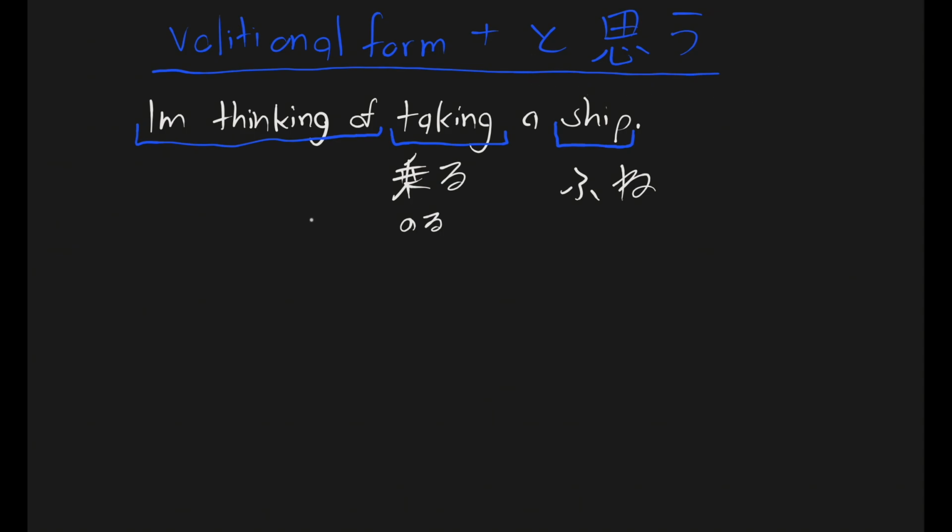So to do this, we will start our sentence with fune. So let's go. Fune ni no. And how do you find the volitional form? Well, because this is an u verb, we get rid of the u sound of ru.